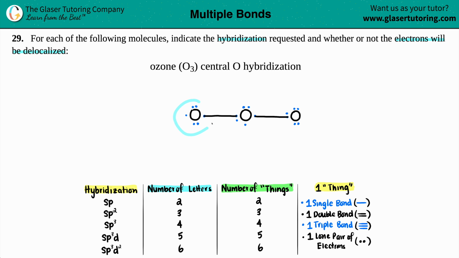I always like to do the external elements first, because if you can get the octet rule on the external elements, your internal element is going to be fine. So this oxygen has 2, 4, 6, 7. It's got 7 electrons. It wants 8. It wants the octet. But I do see that I have a lone electron here and a lone electron here.